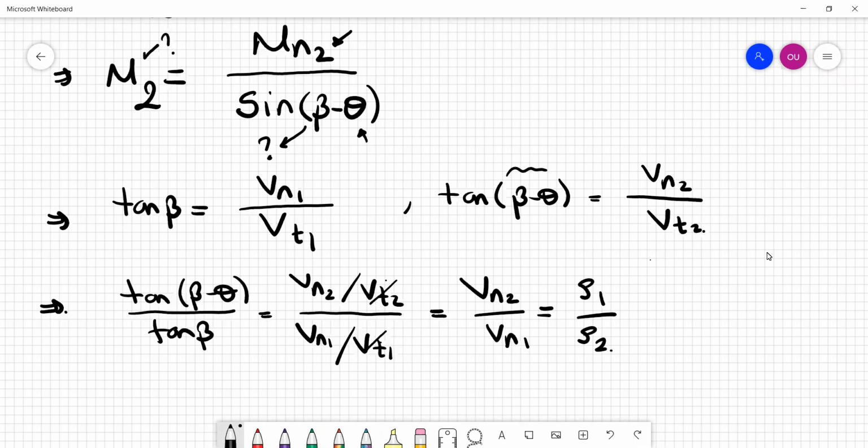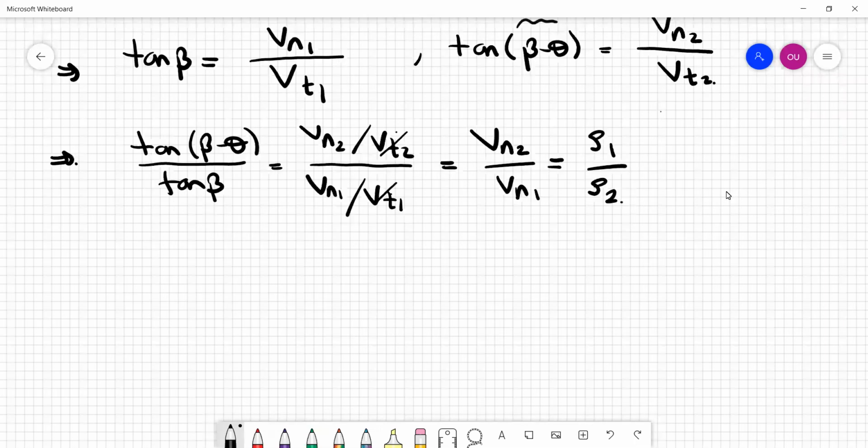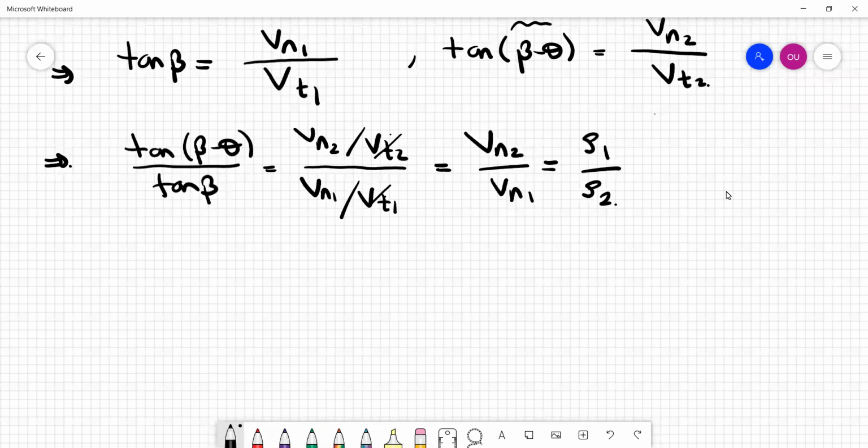Now from here, another thing that I know is that the normal component of Mach number at 1 is also related to beta from geometry. This is known.